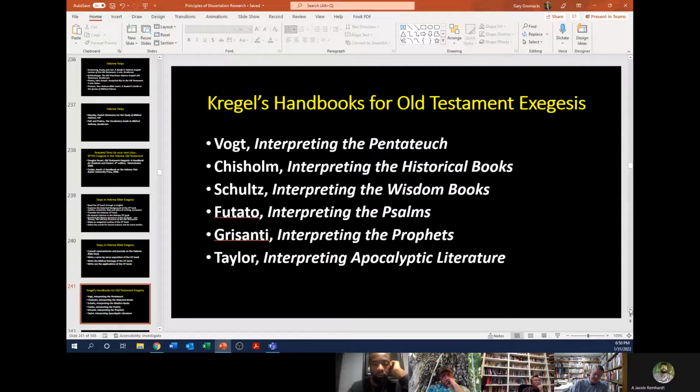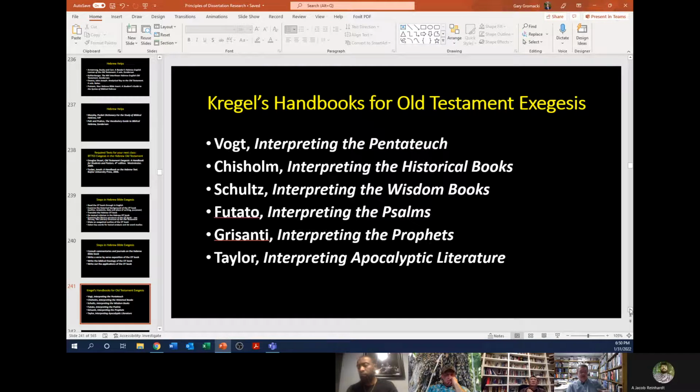Now, some books that will specifically relate to interpretation. I don't have the first one, but I do have the one by Chisholm here, Interpreting the Historical Books, Exegetical Handbook. These handbooks put out by Kregel are very, very helpful.